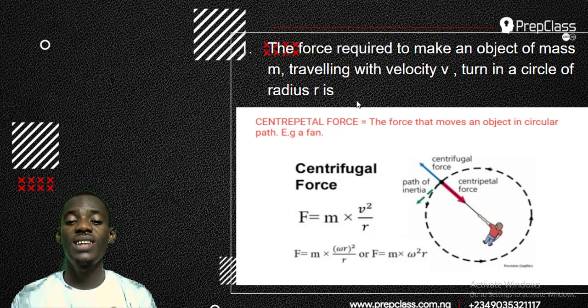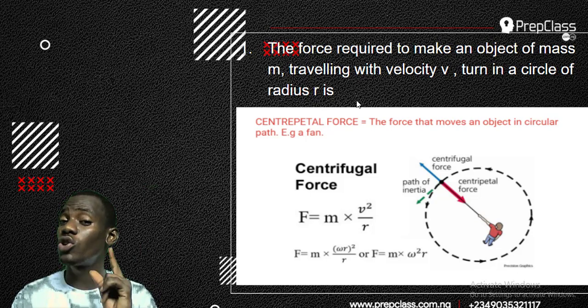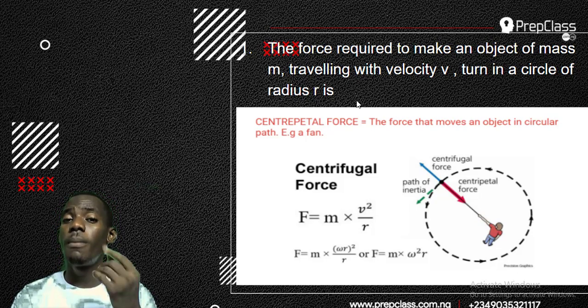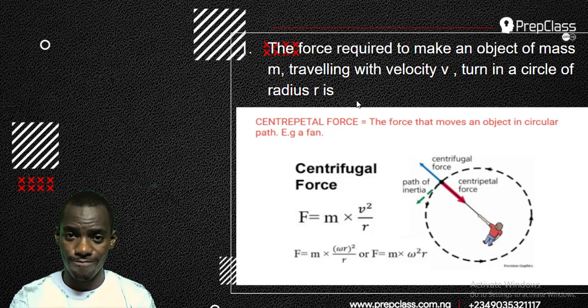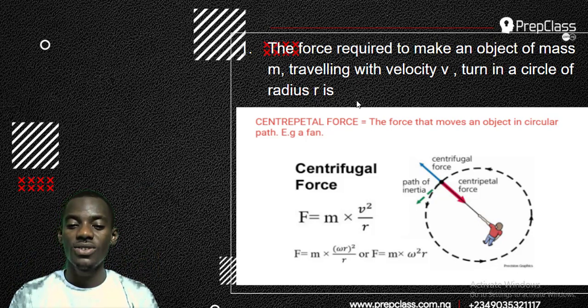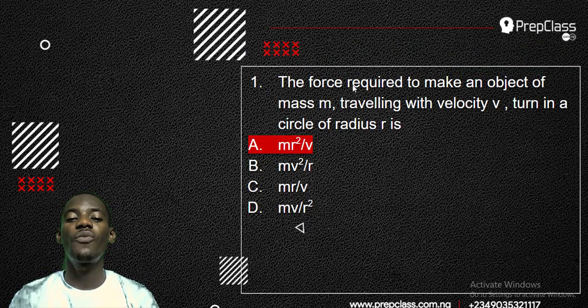So the formula for centrifugal force can be mv squared over r, but don't forget it can also be modified into m w squared r, where w is my angular velocity. Is that clear? That's all for centrifugal force, the force that moves things in a circular path. Good. Now let's take number 2.